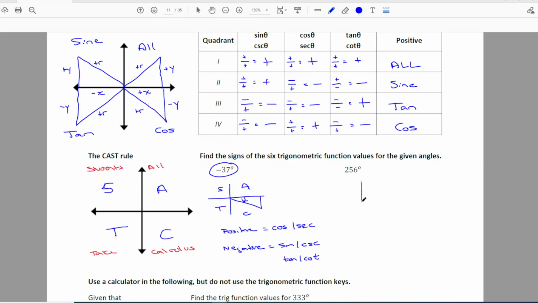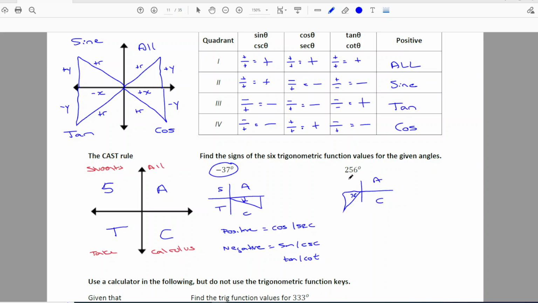So 256 degrees, if I was to figure out which quadrant that's in, I'm going to guess that it is quadrant 3, right? And the way that you could check is to find the reference angle. So if I do 256 minus 180, ooh, I put 2,560. 256 minus 180, that gives me a reference angle of 76 degrees. Since it's less than 90, I know that I am in quadrant 3.